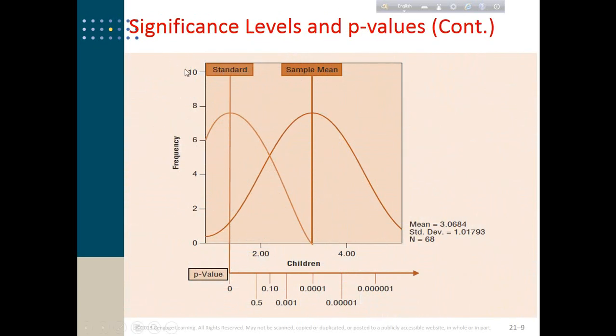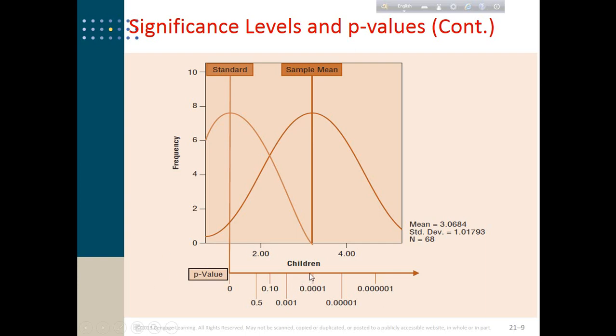Look at this example. Here, this is our standard or benchmark value, and this is our sample mean. Our statistical expectation is that both of them are the same. That means the sample mean and a predetermined mean are equal. Now, as this sample mean gets closer and closer to this predetermined value, there is a very high likelihood that they will be the same.